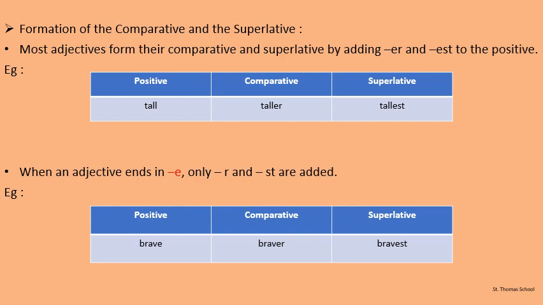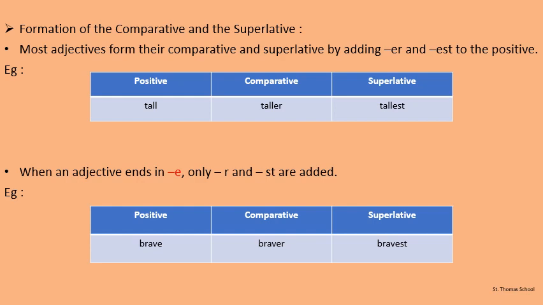Next point: when an adjective ends in E, only R and ST are added. So when the adjective in the positive degree ends with the letter E, the comparative form will only add R, and the superlative form will add ST. There will not be any ER or EST, because when you add ER, there would be a repetition of E. So it will be braver.